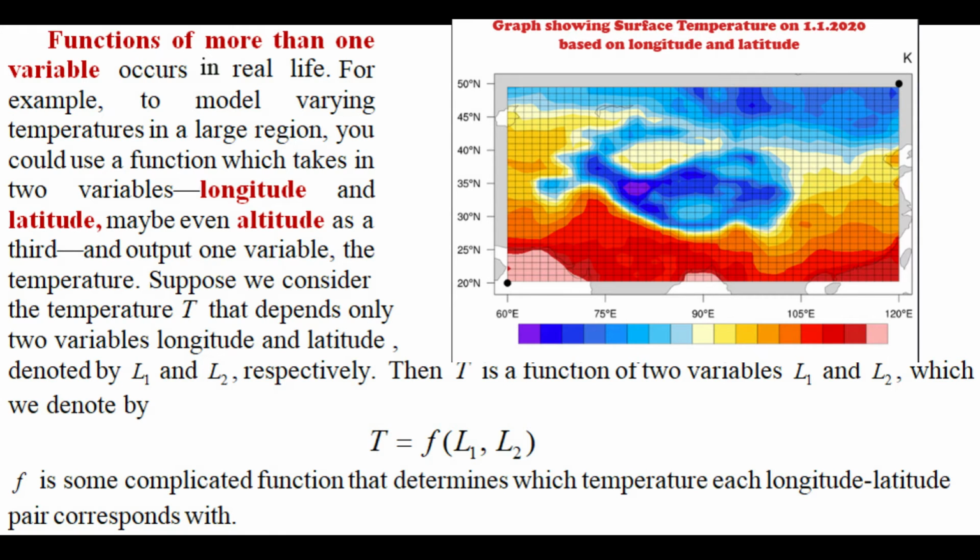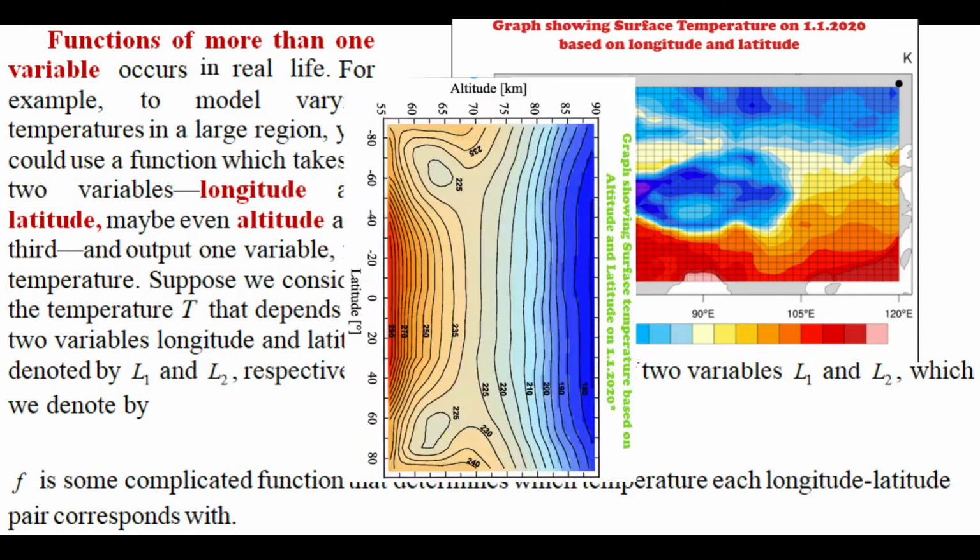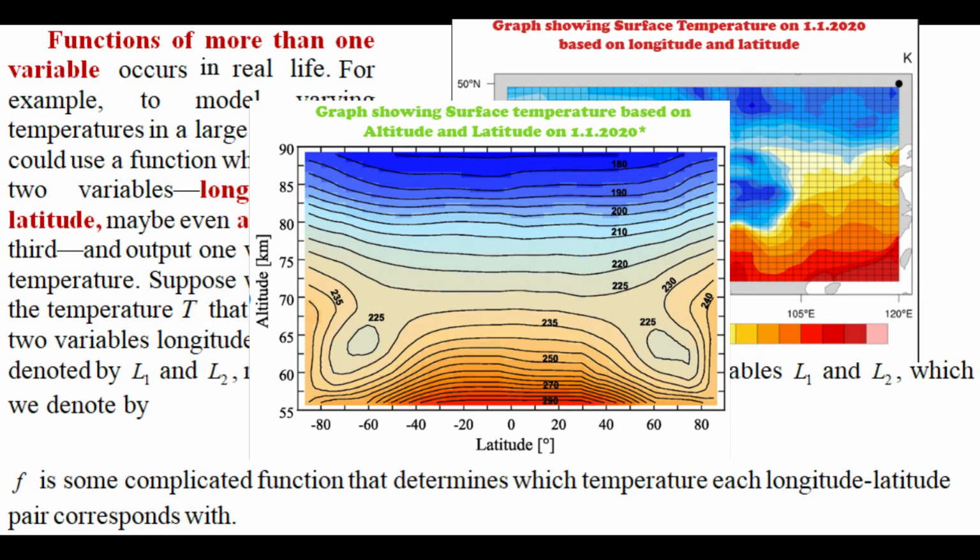Functions of more than one variable occur in real life. For example, to model varying temperature in a large region, one can use a function which takes in two variables, longitude and latitude, maybe even altitude as a third, and outputs one variable, the temperature.